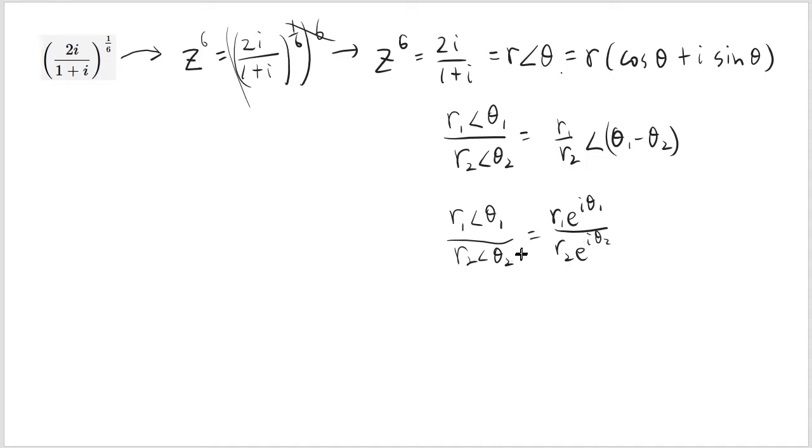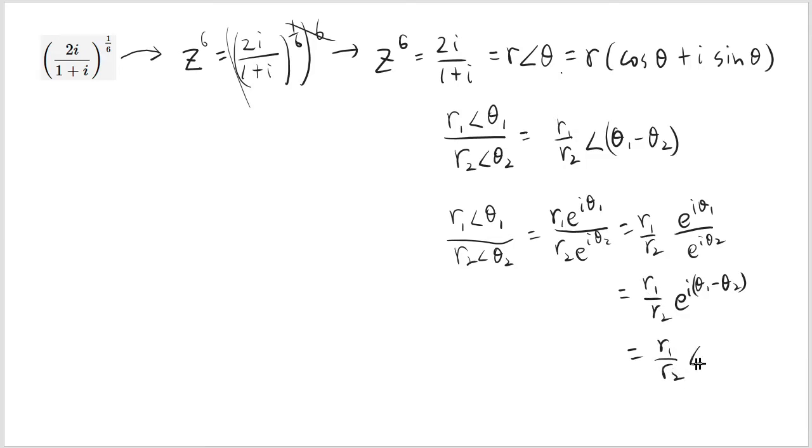When you do the division, this is r1 over r2 and e to the i theta 1 over e to the i theta 2, but with the same base the exponents subtract. So you have r1 over r2 times e to the i (theta 1 minus theta 2). Rewriting this using the Euler identity backwards, you get r1 over r2 angle theta 1 minus theta 2. You can think of this as a proof of why this is true.